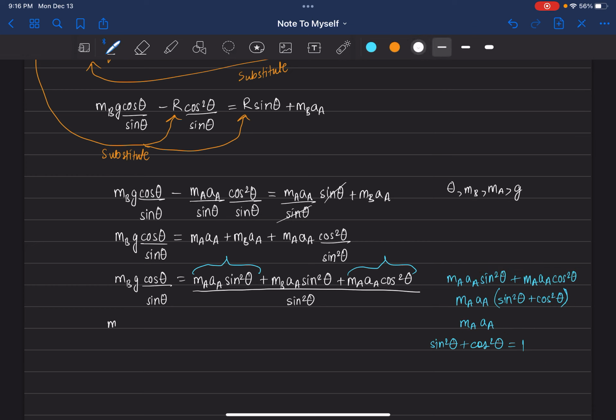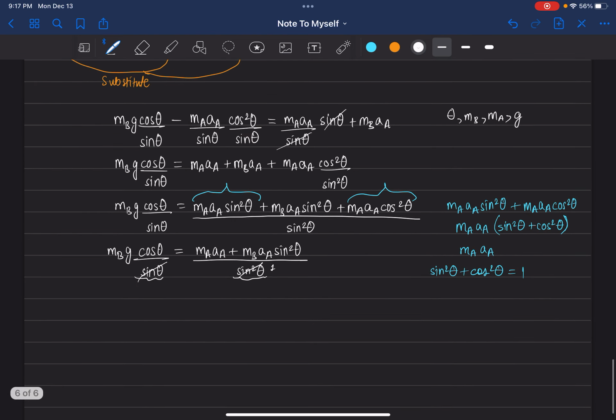And now m of b g cosine theta over sine theta equals m of a plus m of b, a of a sine squared theta, all of this divided by sine squared theta. I have sine theta on the bottom here, sine squared theta on the bottom here. So I can cancel this, I can cancel this, 1 remains, right? So m b g, I'm going to move this sine over this way because 1 remains here.